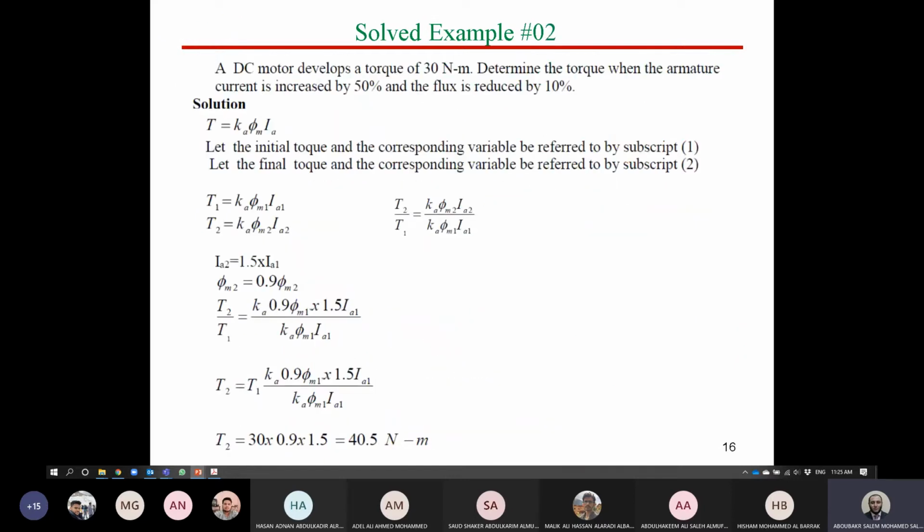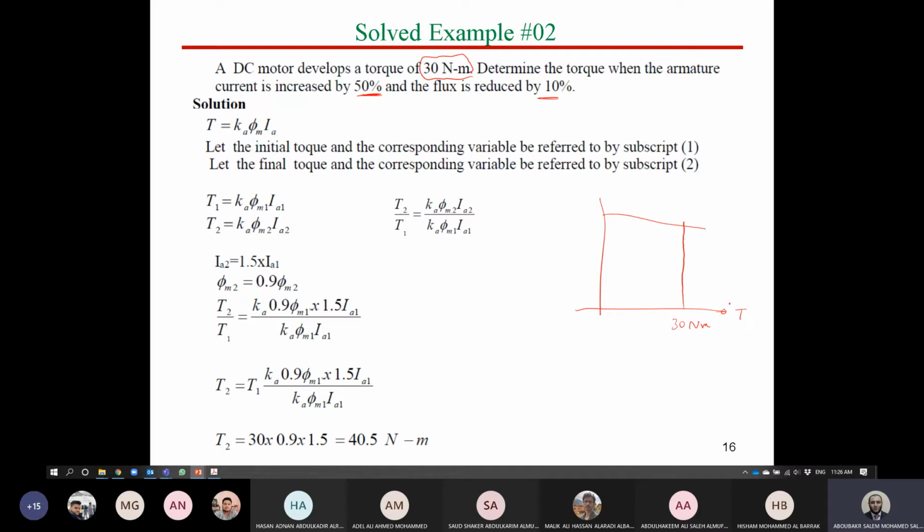Another example here, شباب, a DC motor develops a torque of 30 Newton meters. Determine the torque when the armature current is increased by 50% and the flux is reduced by 10%. So now you have motor operating at constant load torque. So this is the motor characteristic, and you have constant load torque, which is 30 Newton meter.